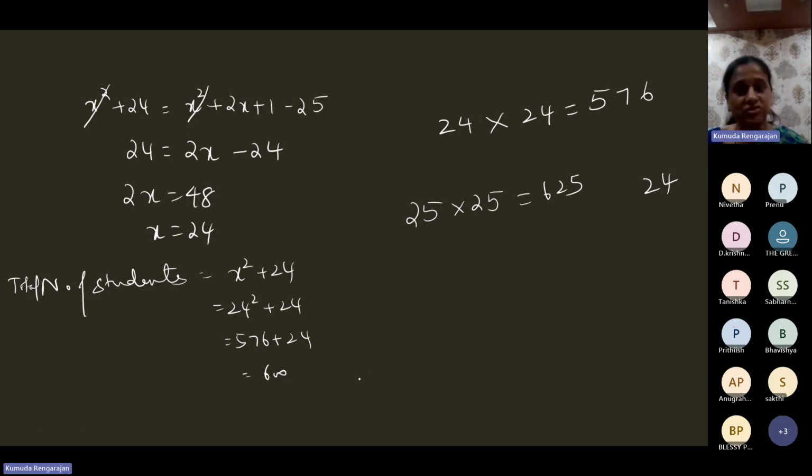He's made all the students stand. So all the 600 students are now there as a part of the square. But he's not able to complete the square because he needs 625 students, but he has only 600 students. So he wants 25 students more. That was the second case.